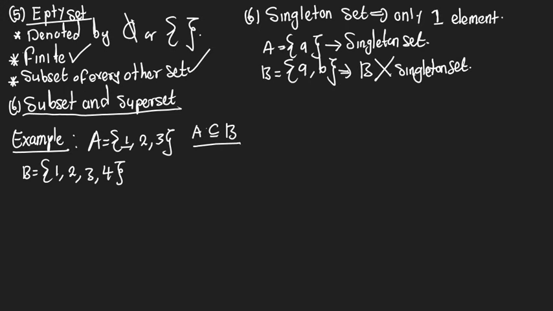Because all the elements in A are found in set B. Well, there is an element 4 which is not in set A. Henceforth, we say that B is a superset of A.